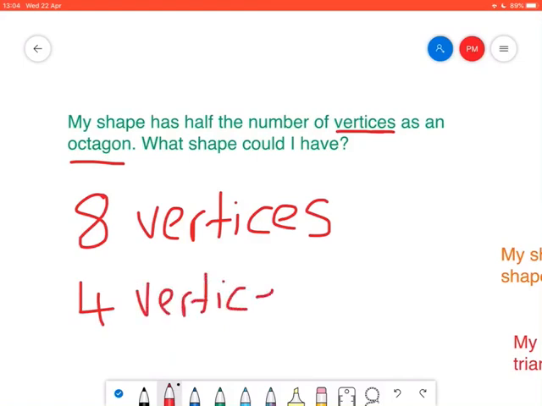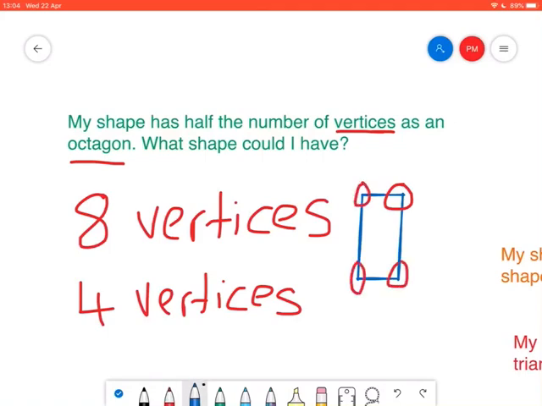And which shapes, if we can remember from yesterday, have 4 vertices? So the first one we have is a rectangle. Okay, so we've got 1, 2, 3, and 4. Now I'm trying to think, is there another shape that we can use that has 4 vertices?